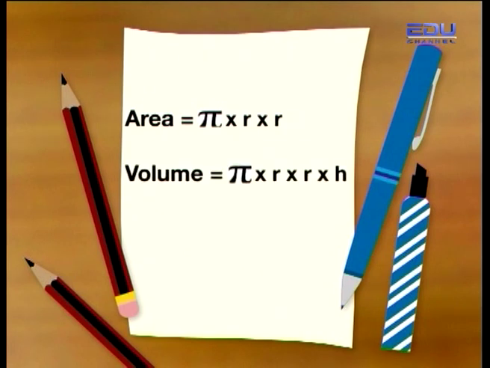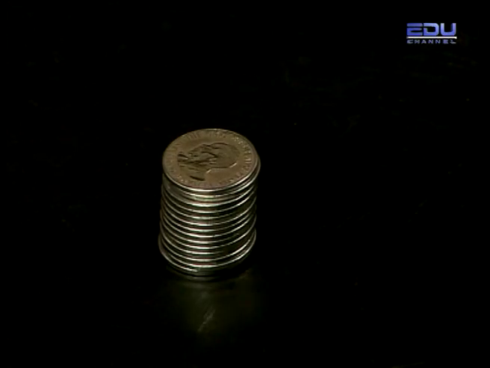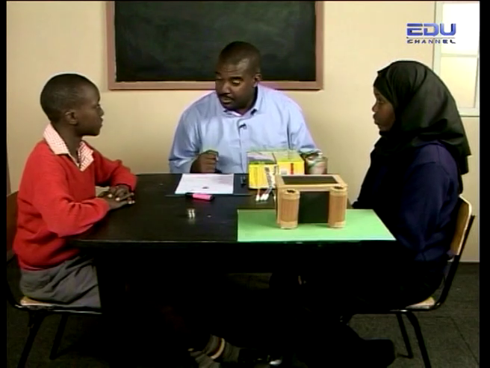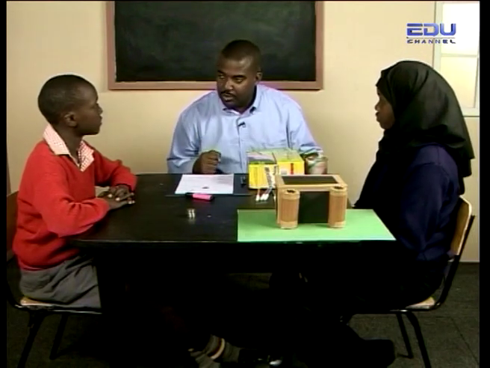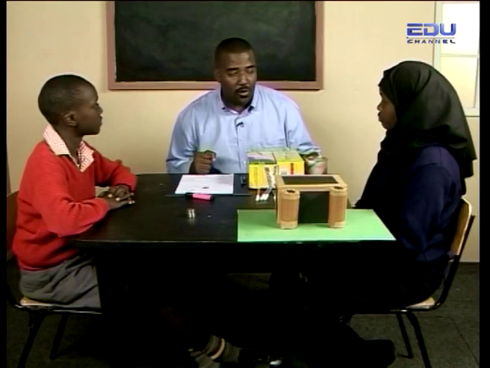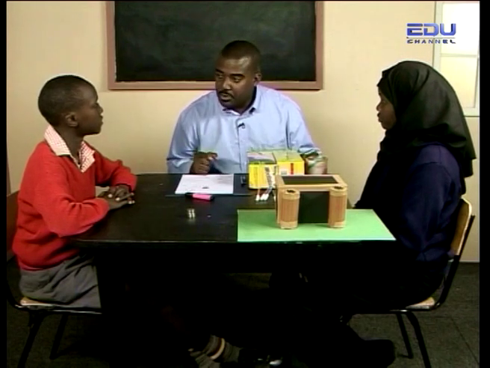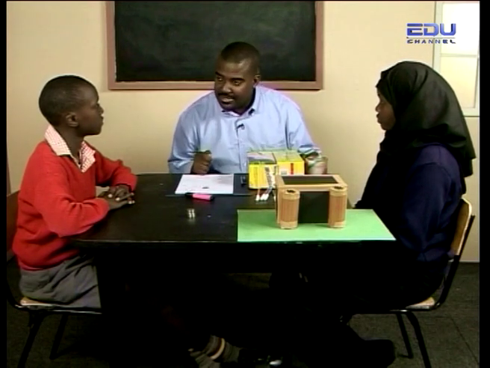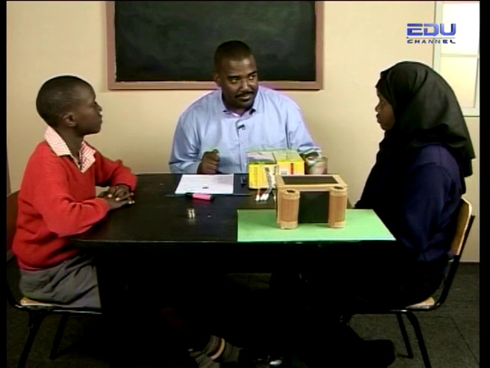Then, to find the volume of the cylinder, I multiply this area by the number of coins in the pile. Very good. So now you can find the volume of the cylindrical columns of your model. All you have to do is find the area of the base and multiply it by the height.